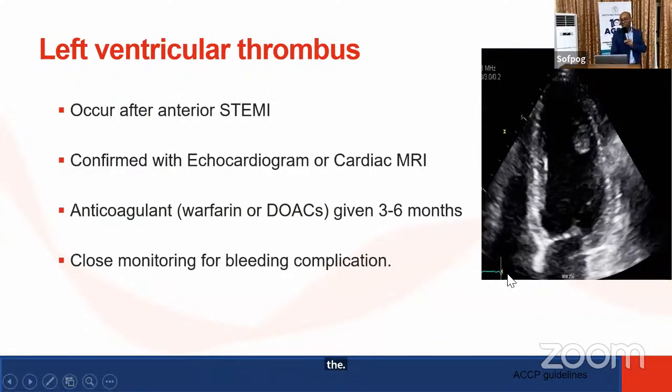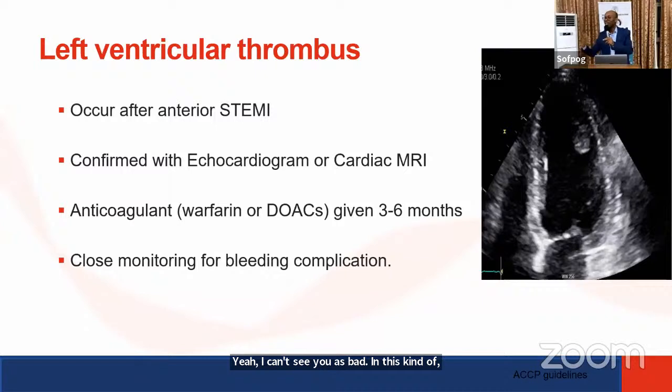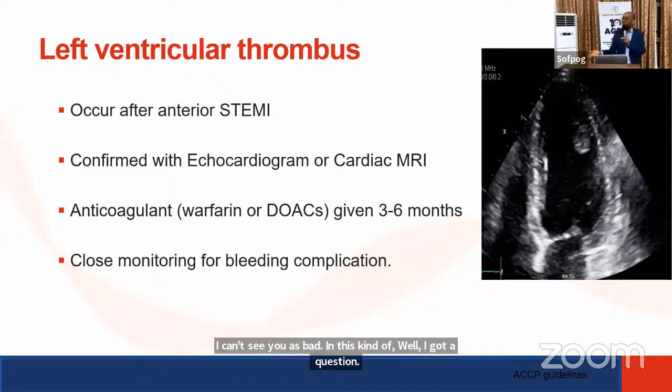Then if you have a clot sitting in the left ventricle, as you can see on the slide, this can result from myocardial infarction, dilated cardiomyopathy, or infective endocarditis. They can all form clots. Once you see the clot, the danger is that it can embolize and do anything. So quickly start anticoagulation. You can use your warfarin.